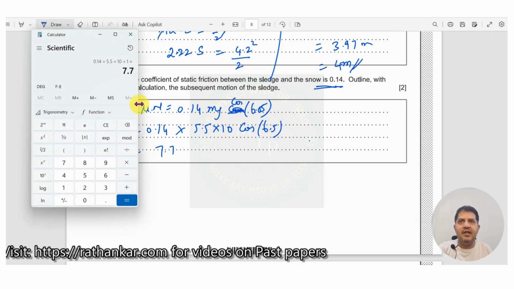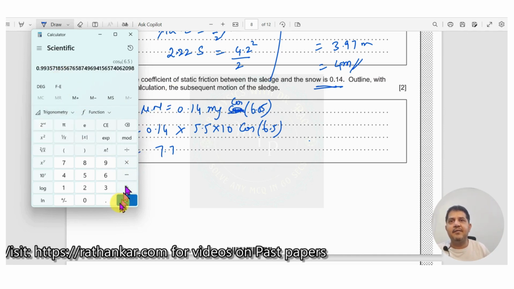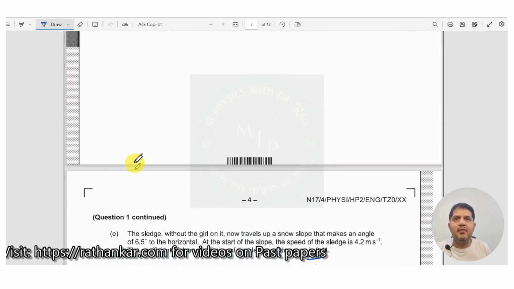I want to find cos 6.5 separately. I cannot do it directly here, so I will enter 6.5 and then take cos. I get the answer 0.9935. So this multiplied by 7.7 will be 7.65. So you get the answer here as 7.65 Newton.